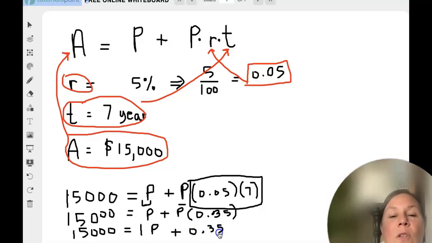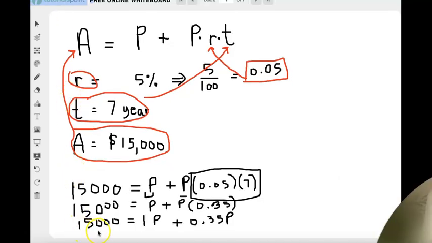The truth is I can add these up, since they're the same last name of P. So 15,000 is equal to, if I have one potato plus 0.35 potatoes, I have 1.35 potatoes. I'm going to stop there.